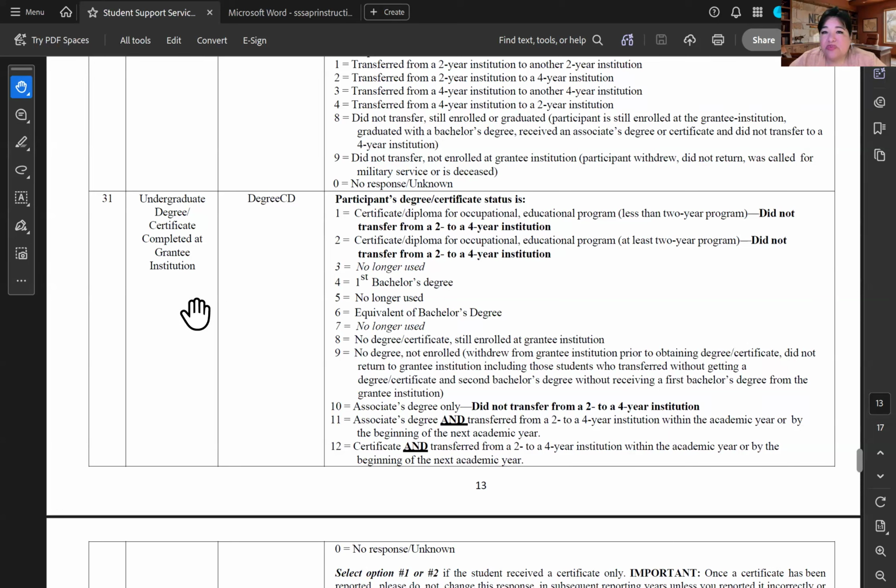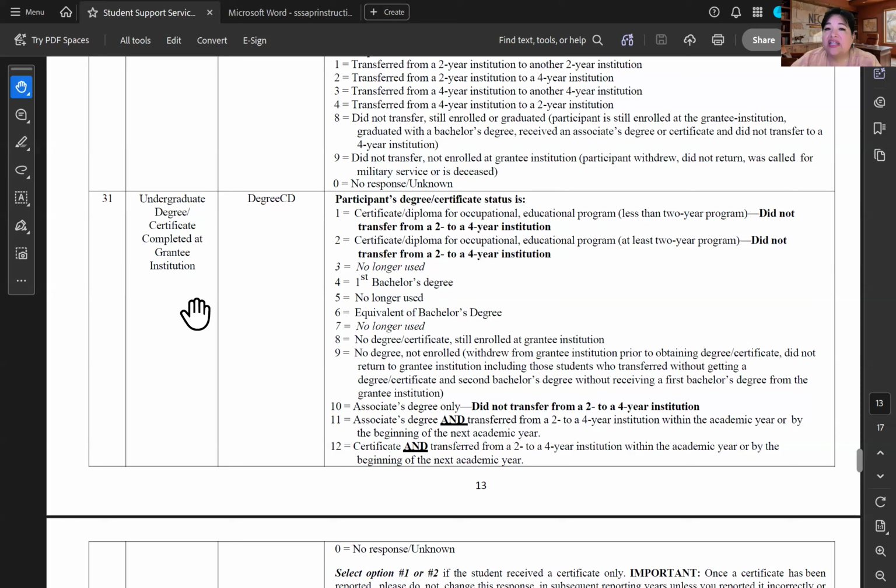And it says participant's degree certificate status. I'm looking at, depending if you're 2-year or 4-year, Code 1, Certificate Diploma for Occupational Educational Program, less than 2 years. And that's saying their degree certificate status. It doesn't say completion here. And it asks about if they have a certificate that's at least 2 years.